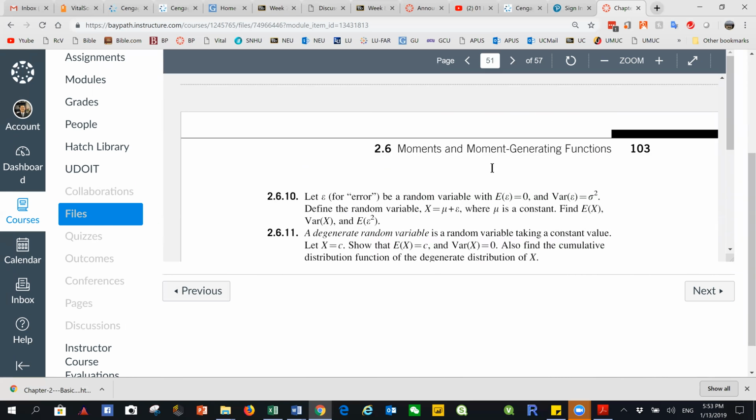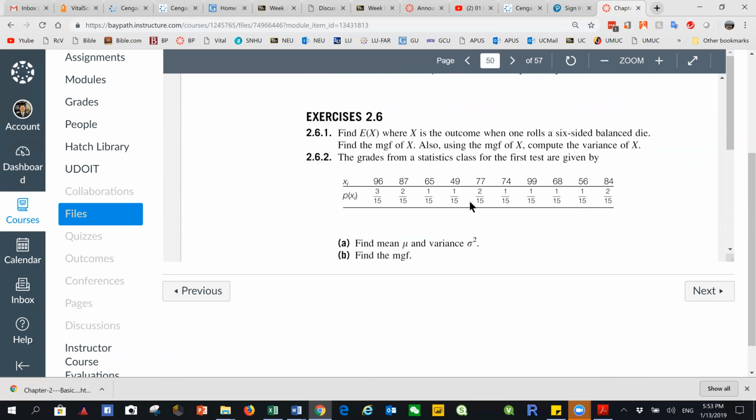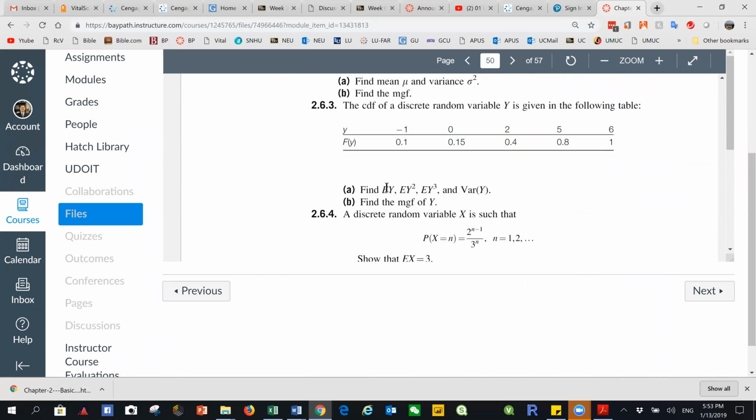Because y is negative 1, you get e to the negative t times 0.1, plus e to the 0t, so it's 1, times 0.05, and then plus e to the 2t times 0.25, and so on.